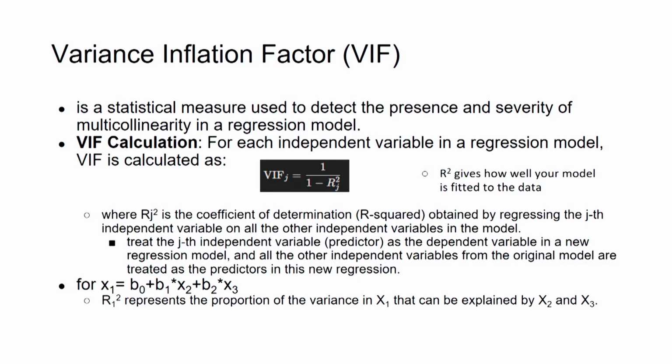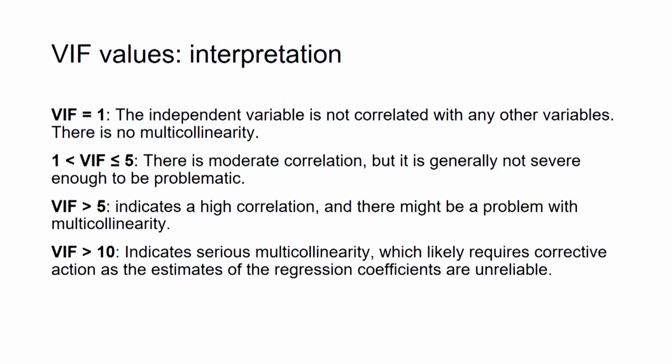Then we will say that all these independent variables are independent of each other, or there is no correlation between these variables. So if VIF is 1 for any independent variable, the variable is not correlated with any other variable, and this is the case of no multicollinearity.